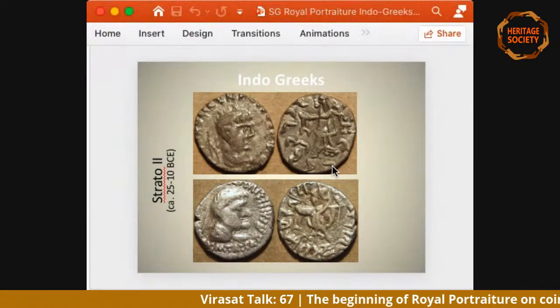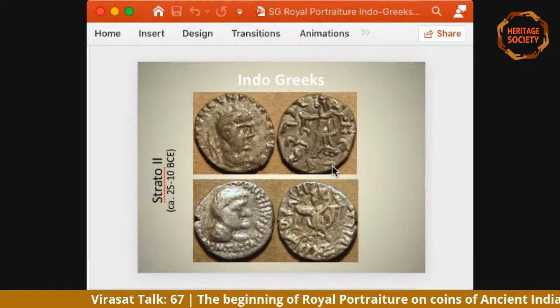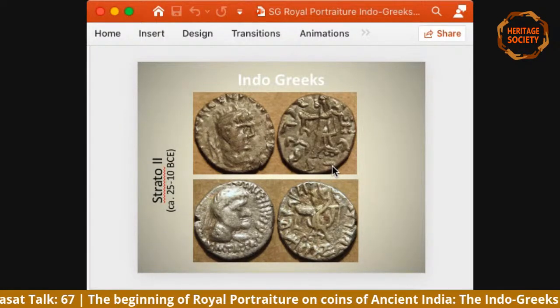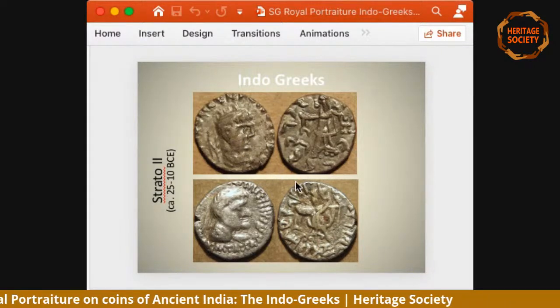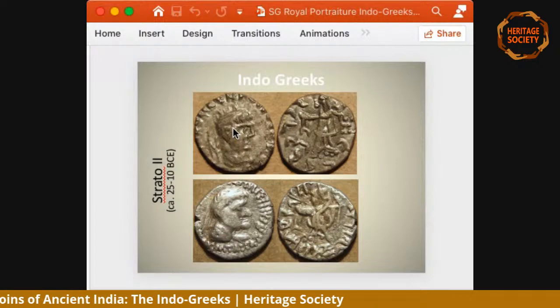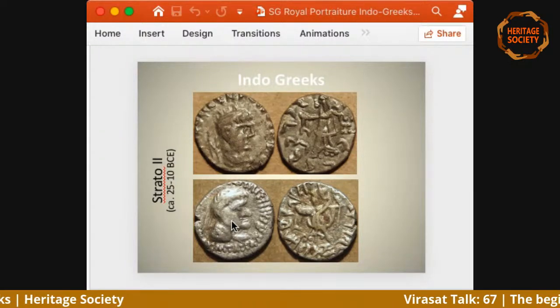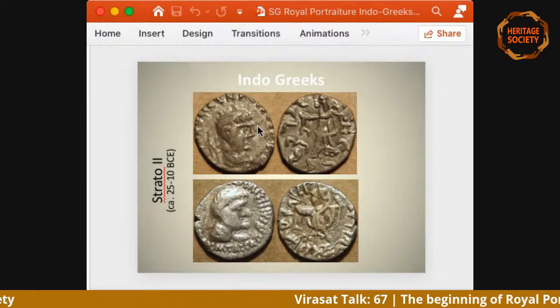That is, the father and his son, Strato, the name is given here. So very important again, maybe the first coin is of the son, and the second coin is that of the father, and on both the legend remains the same.